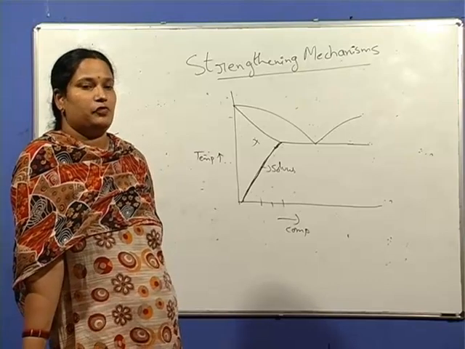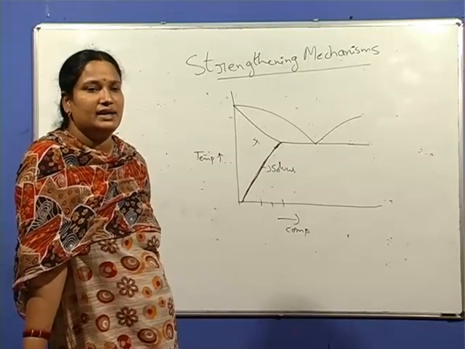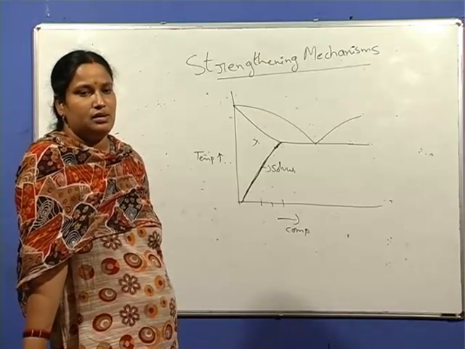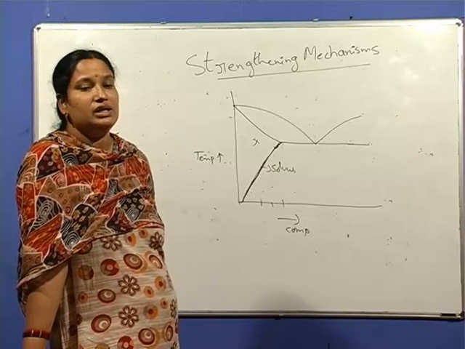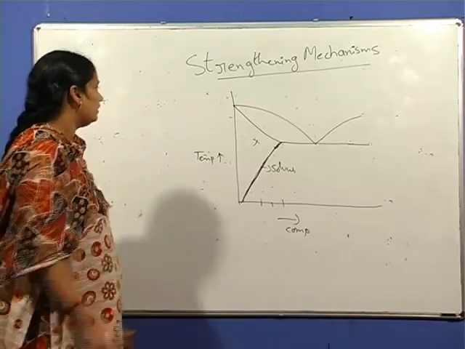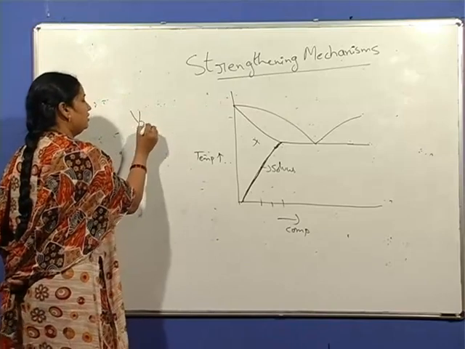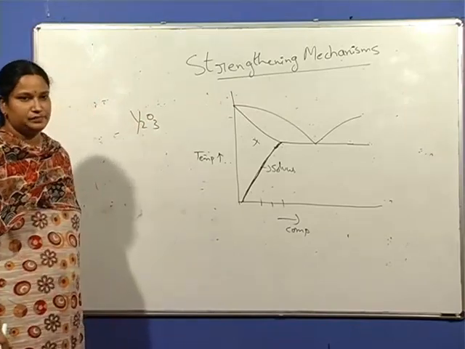Whereas in the case of dispersion hardening, it is also known as mechanical alloying, because metal matrix powders and inert oxide particles like yttria, Y2O3, thoria, alumina are mixed. So these are the inert oxide particles.